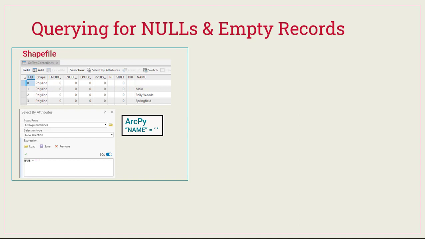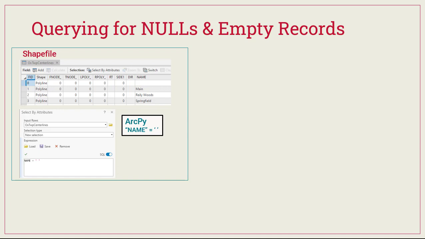And if we open up the Select by Attributes tool, in order to select for a blank record in a shapefile, the way ArcPro structures that SQL query for you is the field name is equal to, and then a set of quotation marks with a space in between. Empty records are selected using empty space.